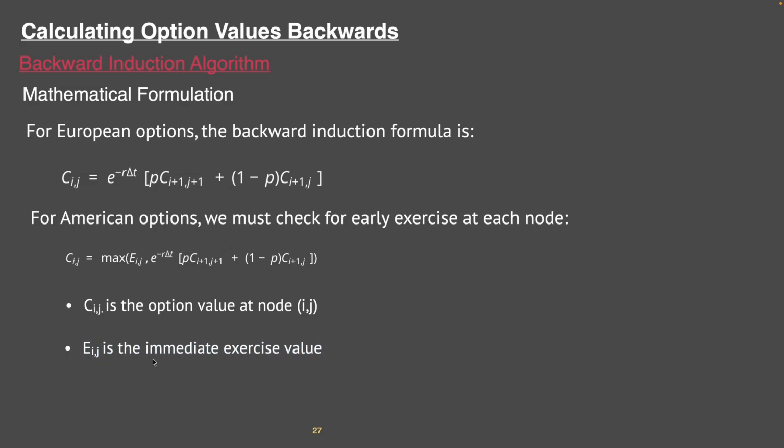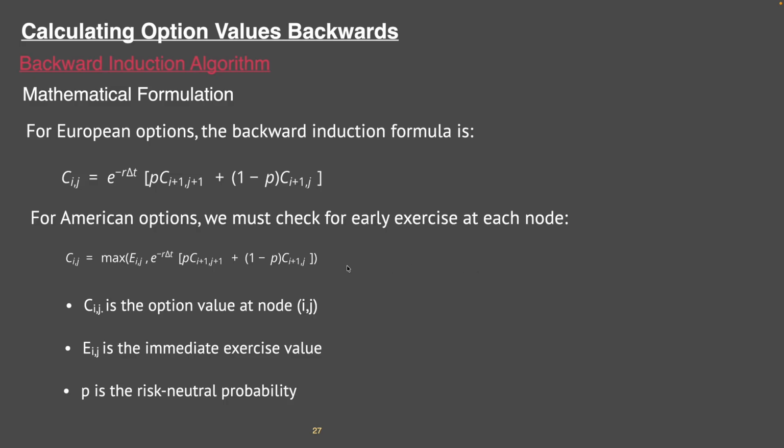So Eij is the immediate exercise value, and this portion, e to the power of minus r delta t, is the same portion which we have calculated here. So we will take the maximum of these two at any particular node. Based on the European option formula, whatever the value is there, and Eij, the value of immediate exercise, we will take the maximum of these two.